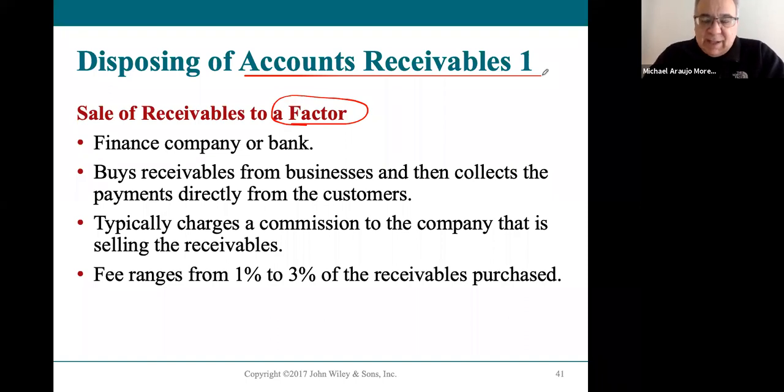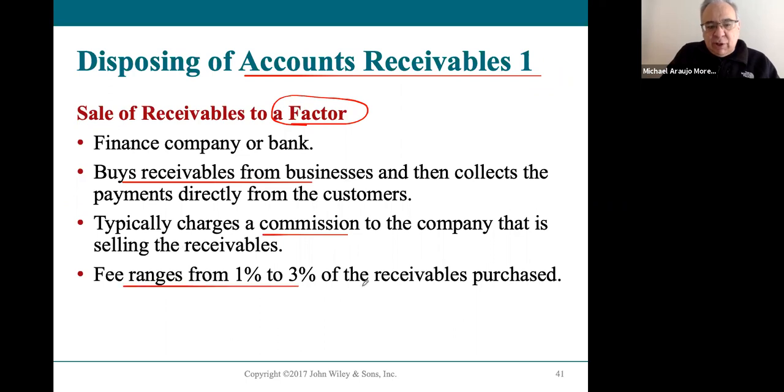And a factor is basically a specialized finance company or a bank with a special department that collects these receivables. Okay. So this factor buys the receivables from that business for a discount. In other words, they give them the cash up front, but not all the cash that the receivables are worth. The difference is a commission. Those commissions usually are anywhere between 1% and 3% of the receivables that they have purchased from the business.